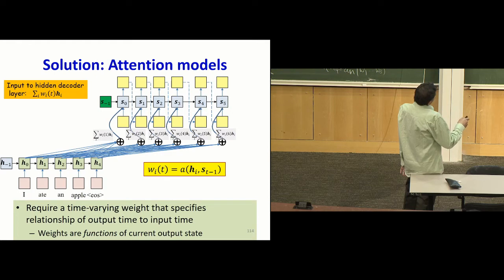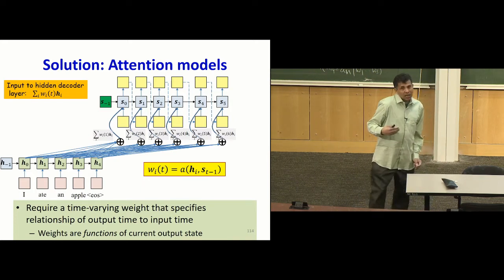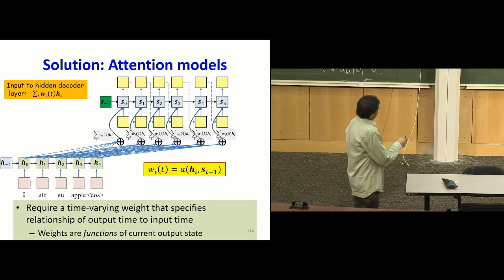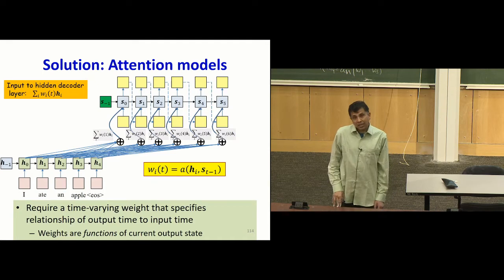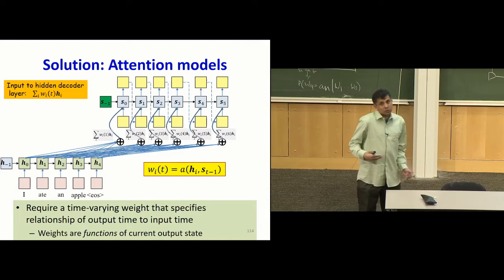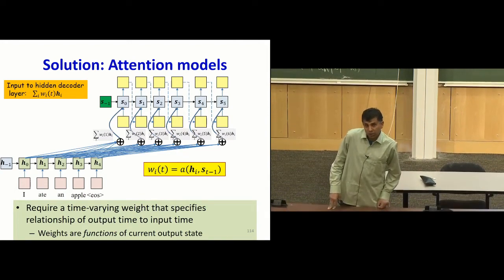So when I'm trying to produce the word Apfel, this hidden representation must somehow know that h3 is the one that is most important, right? So you want these weights to be such that the weight for h3 is large and the weights for the remaining h's are somewhat smaller. Now, what is the process by which such a weight can be computed? Where is the information to be obtained from?